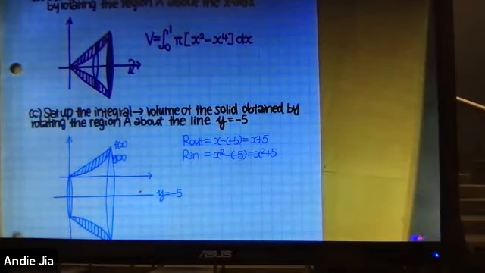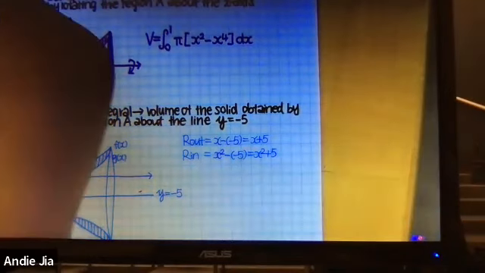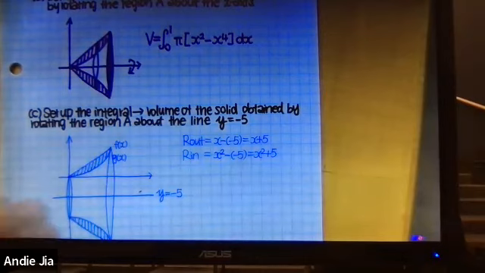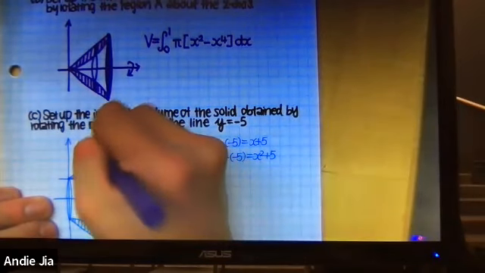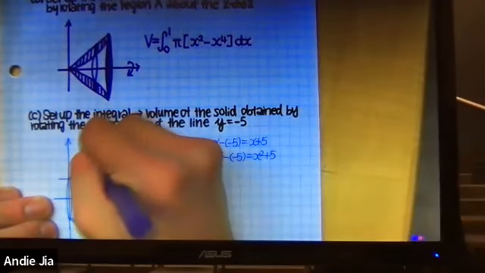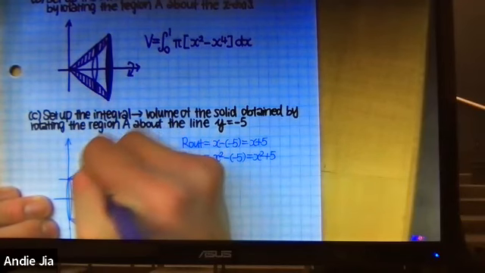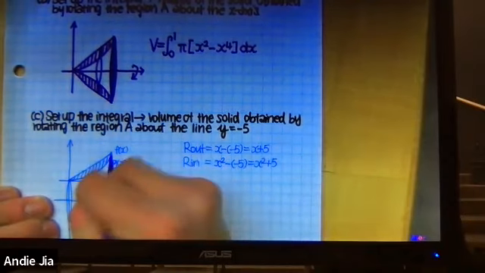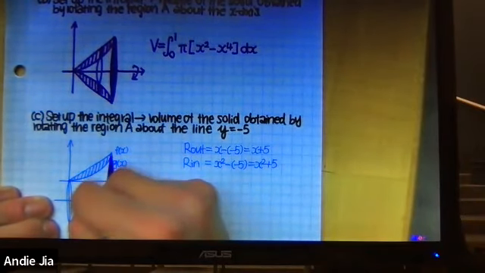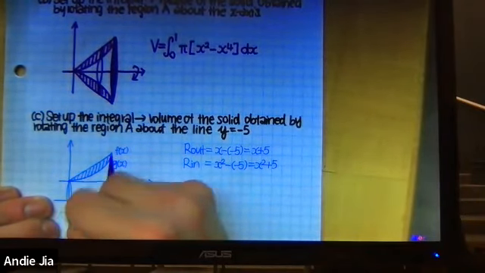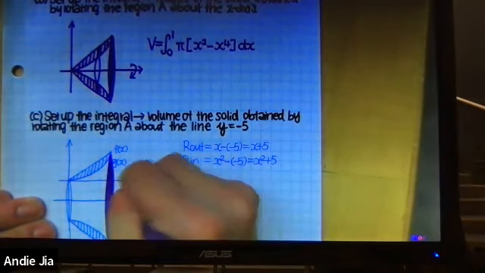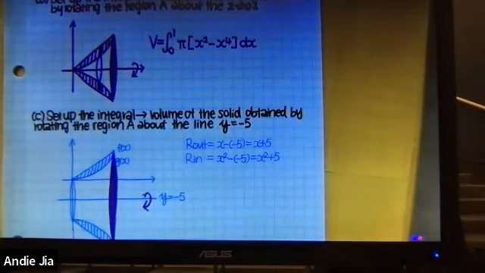I'm going to color this region in a more effective way, just do it quickly so I can save more time. This is the washer you obtain by rotating about the y equals -5 axis.